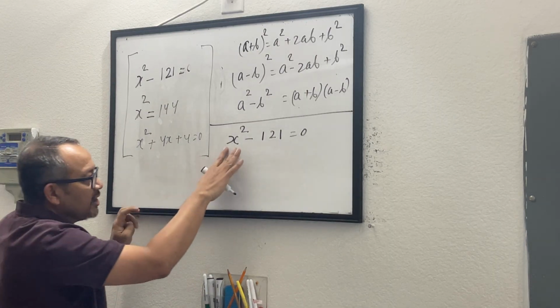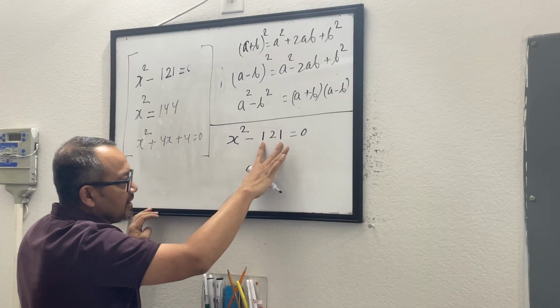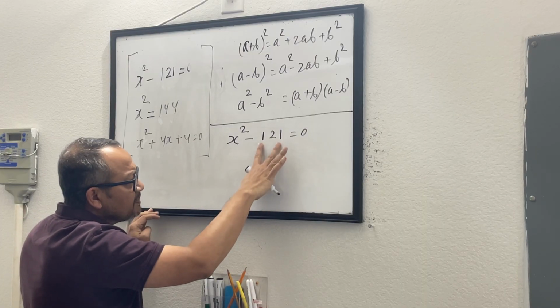I have x squared and I have something. Is this number a perfect square?